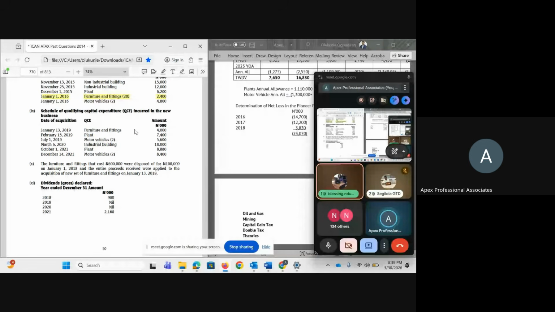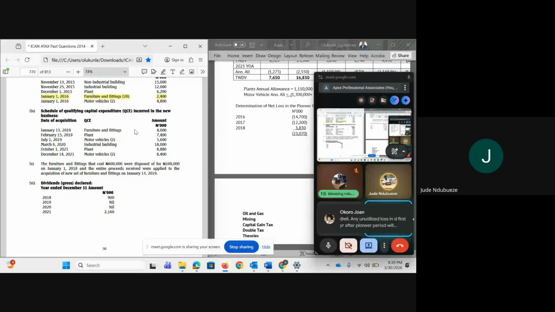Let me start from the last question. The 100,000 is irrelevant. That's the first thing we need to solve. Sir, how do we have a balancing charge or allowance?